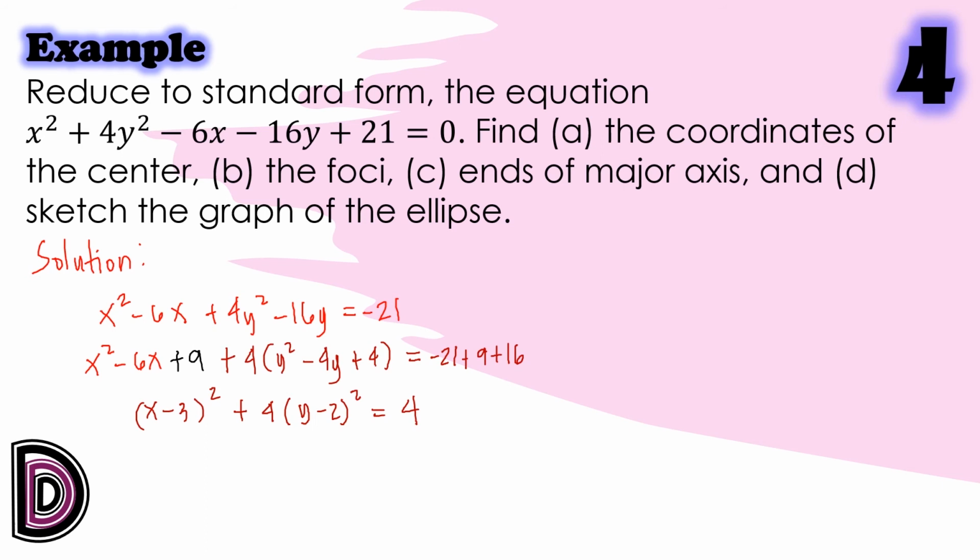Dividing all terms of this resulting equation by 4 so that the right-hand side will be equal to 1, we have x minus 3 squared over 4 plus y minus 2 squared over 1 equals 1.